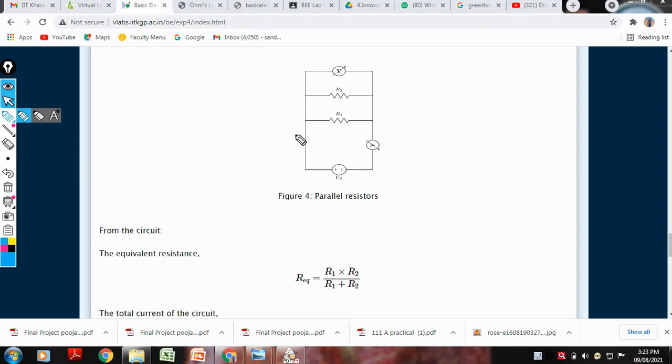Here, this is the resistance R1, this is the resistance R2, this is the voltage Vs, then the ammeter is here, and this is the voltage across the resistance. Then we obtain R equivalent is equal to R1 into R2 upon R1 plus R2.